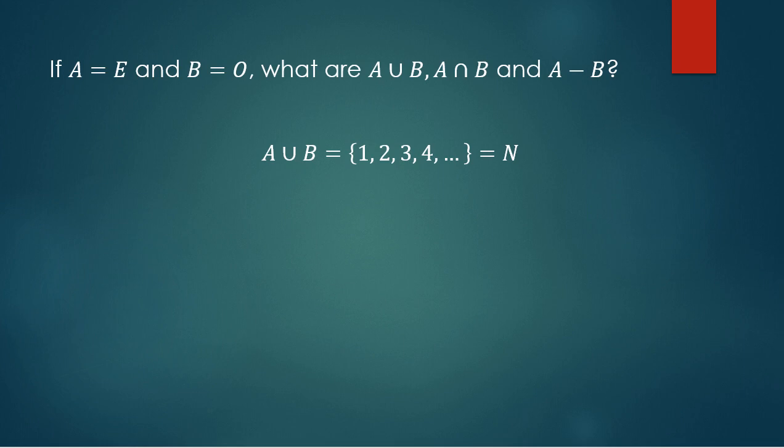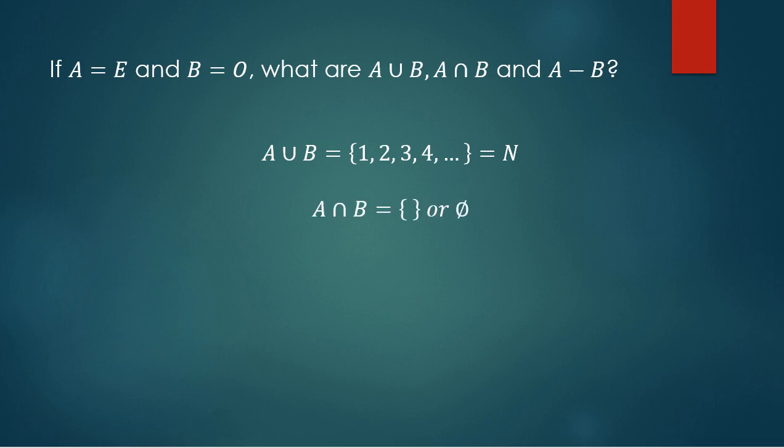So if I take the union, I'm going to get 1, 2, 3, 4, 5, 6, alternating between numbers in those sets, and all whole numbers greater than or equal to 1 is the set of all natural numbers, or N, a set we talked about in our previous video. So that's what the union looks like.